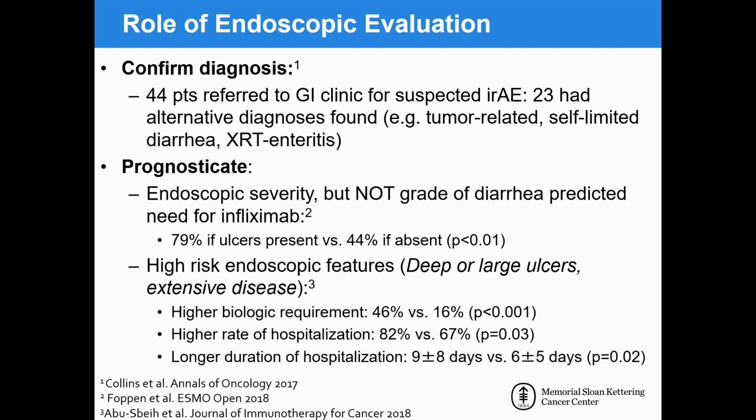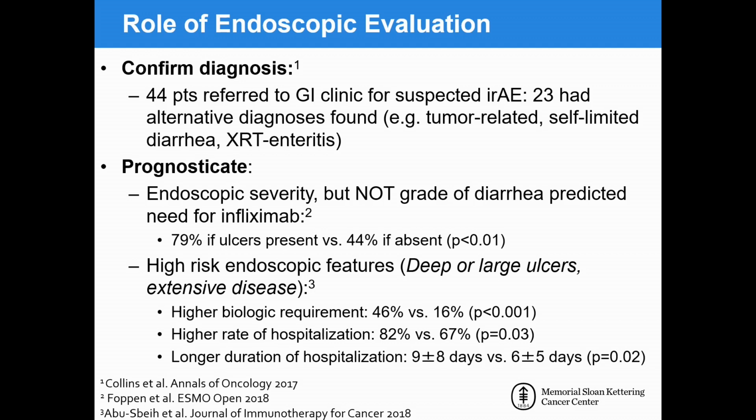And then the second place where endoscopy has probably value, and I put great stock in this as a gastroenterologist, is what does the colon look like, and what can we learn prognostically from this? There are a couple of studies now that have found that endoscopic severity is probably the best correlate for how these patients are going to do and what they're going to need in terms of treatment.